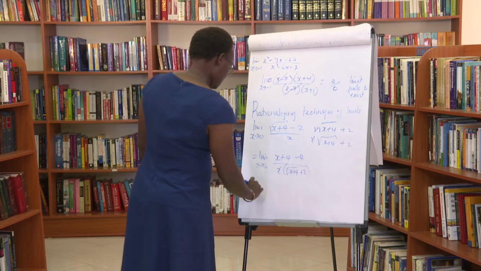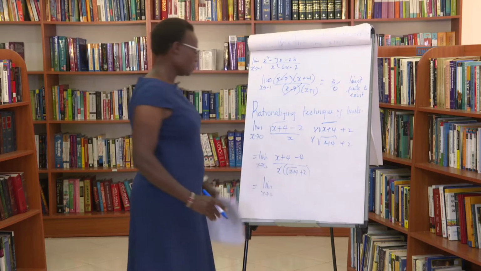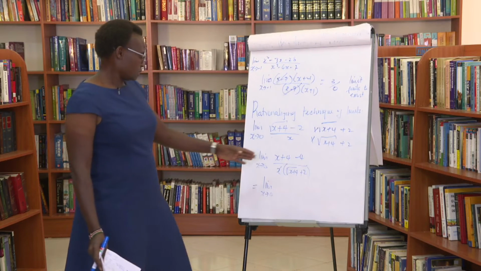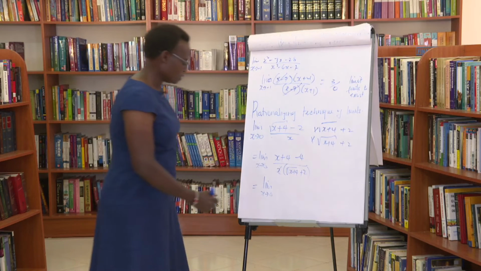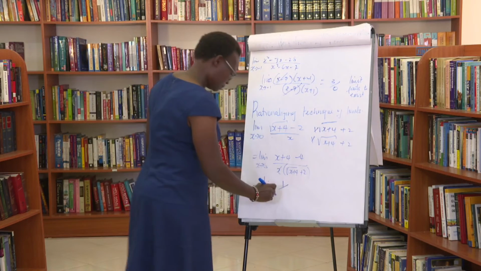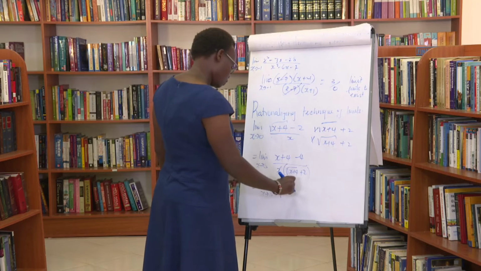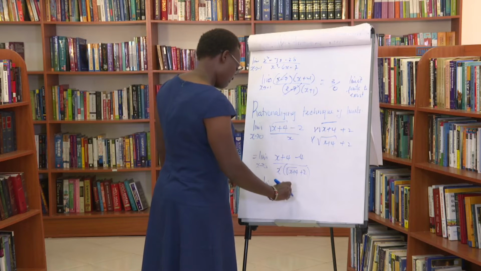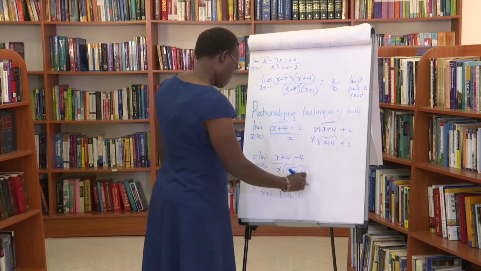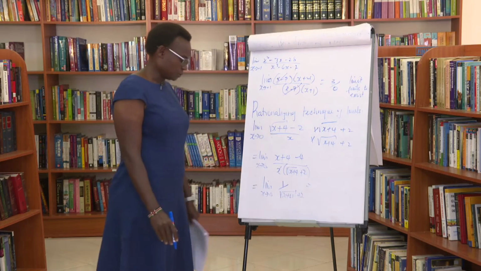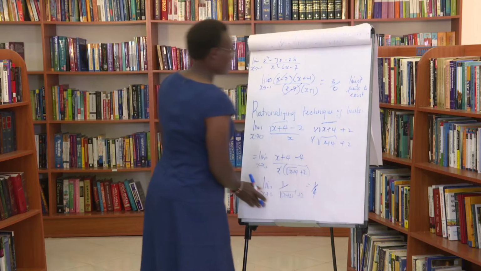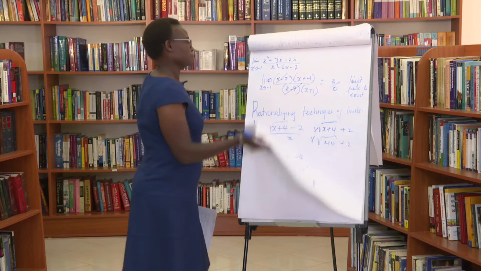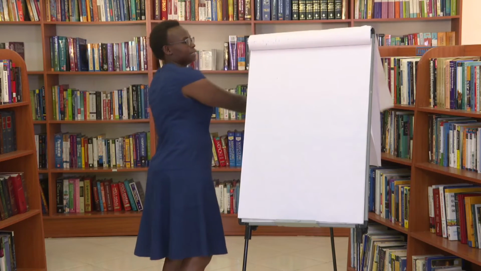Then the x will cancel with that x, so that would give us 1 over root of x plus 4 plus 2. And then x is tending towards 0, so that would give us 1 over 4. 1 over 4 is what we have there as our answer.